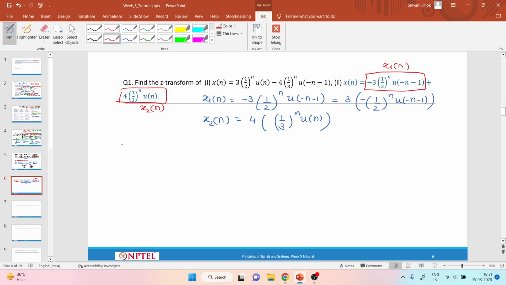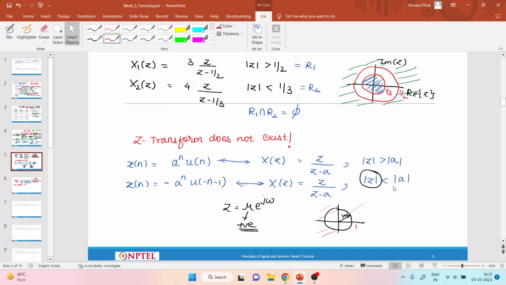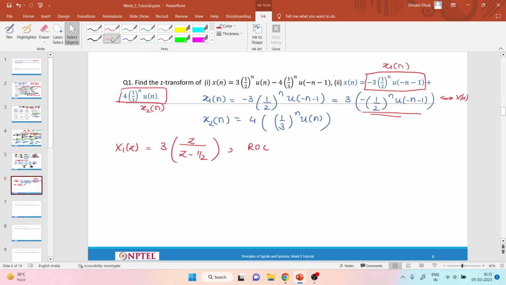So if I do that, then my x1 of z, which is the z transform of this, will be 3 multiplied by the z transform of this part, which is z upon z minus a, where a is 1 by 2, and the region of convergence is magnitude of z less than magnitude of a, that is, magnitude of z is less than 1 by 2.